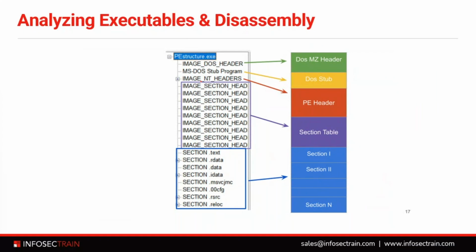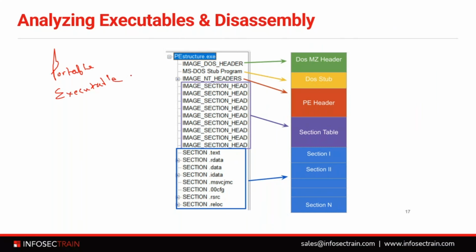Then we have analyzing executables and disassembly, right? So we have files which are called PE files. Heard of them? Now, when we talk about PE file, PE stands for portable executable file.